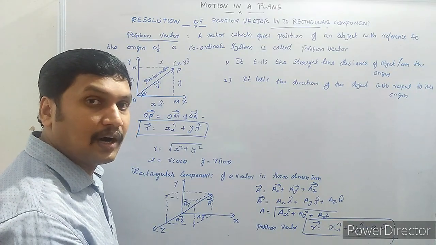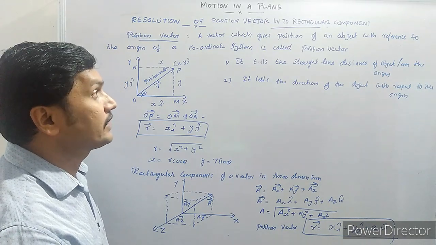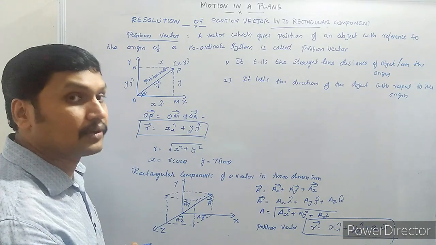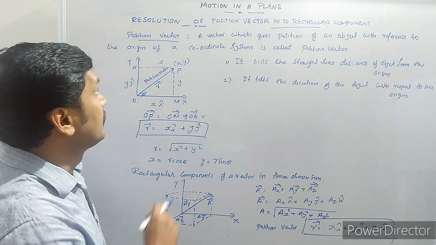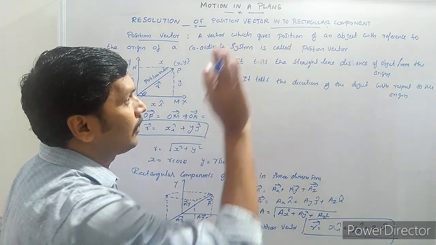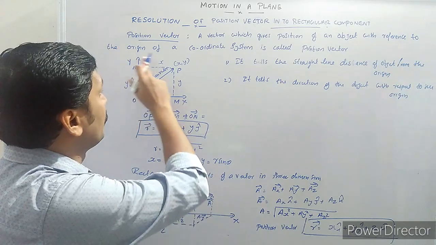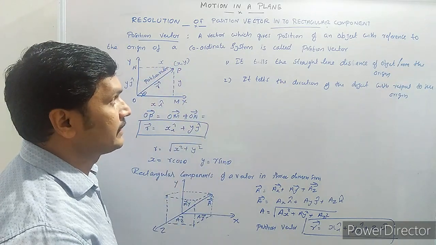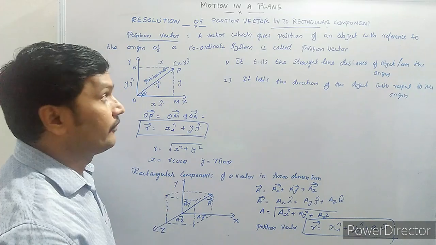Now let us see how we can resolve the position vector into rectangular components. We know that a vector which gives the position of an object with respect to the origin of a coordinate system is called a position vector.